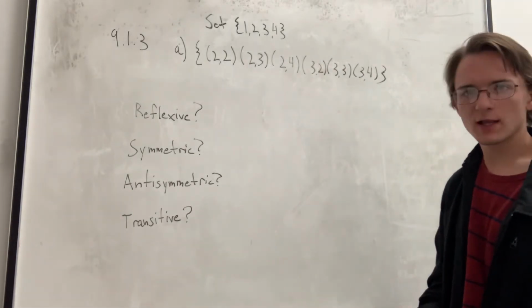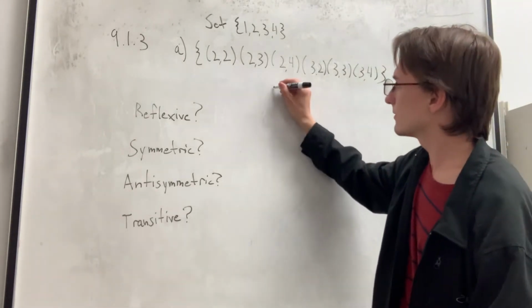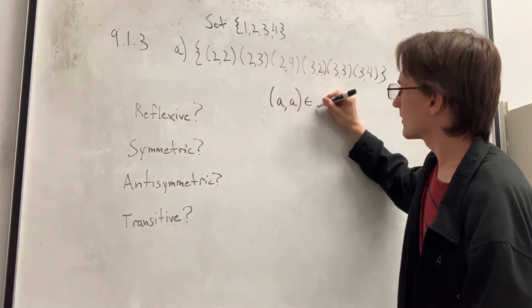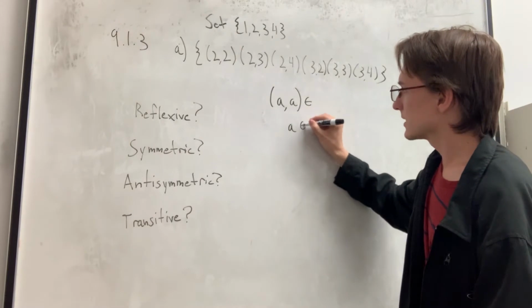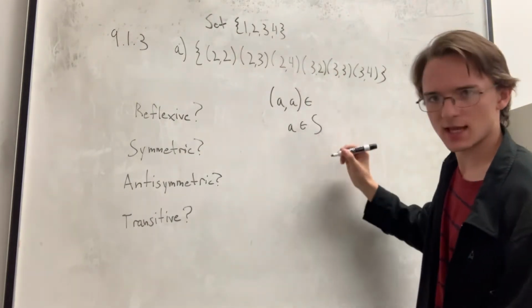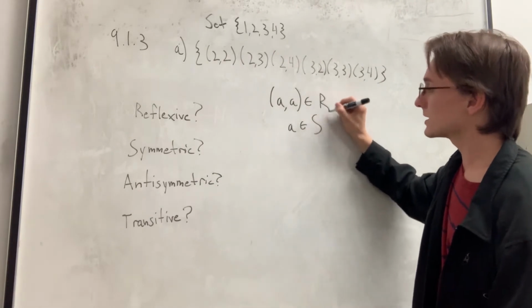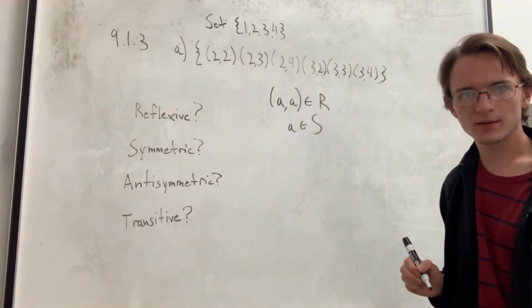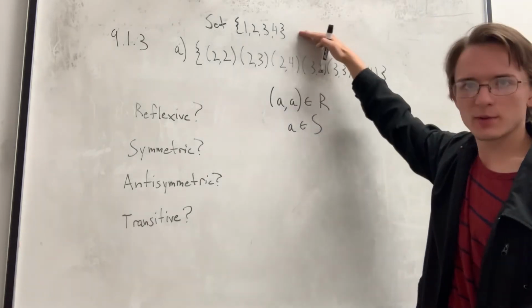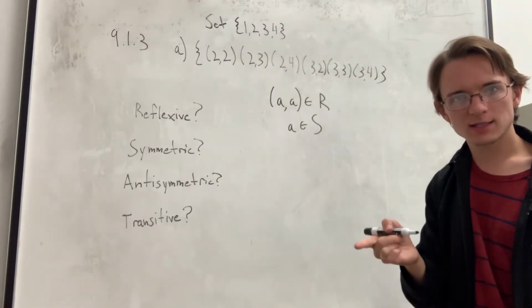Okay, is it reflexive? Well, it's reflexive if for any variable a, where a exists in our set, so let's say our set is just S, (a,a) exists in our relationship. That's really just a fancy way of saying that for any number up here, you have to have it reflect back on itself.